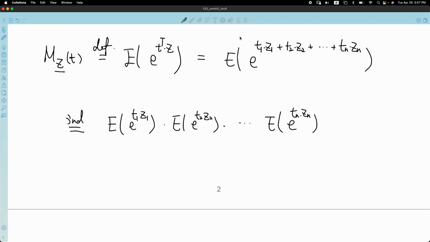So up to the first line is still vector notation, and in the second line we have reduced to the scalar version, and this is due to the independence. Can anyone still remember what the moment-generating function is for the scalar version of the standard normal variable?